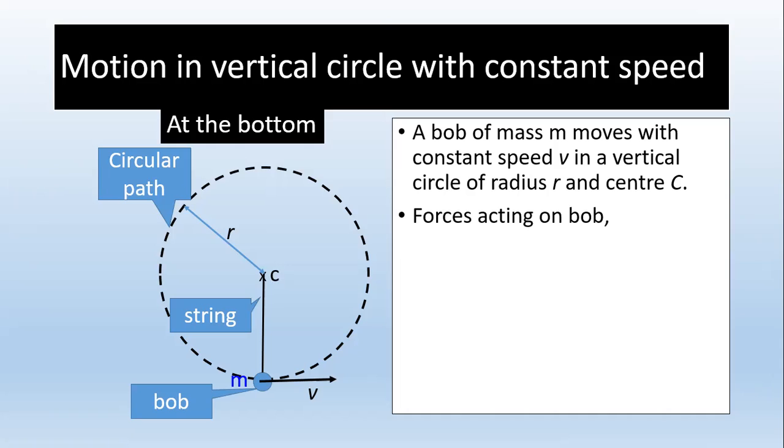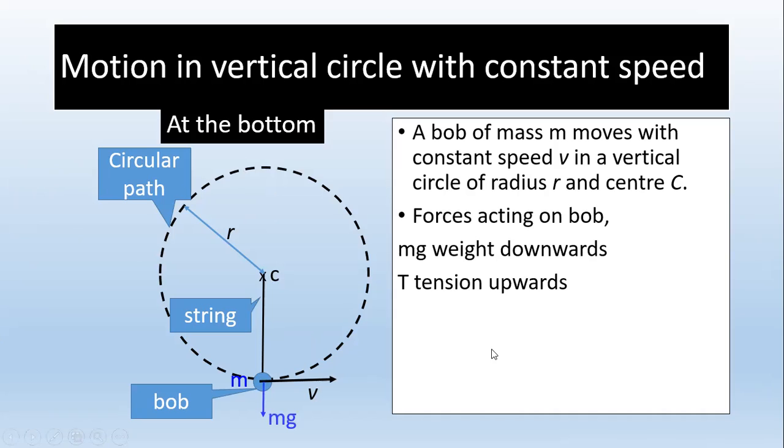Force acting on the bob. We are going to calculate the forces acting on the bob. The weight will be coming down. It's a vertical circle, so the weight will be pulling it down towards the earth. Tension will be pulling it up. The string will be pulling it up.